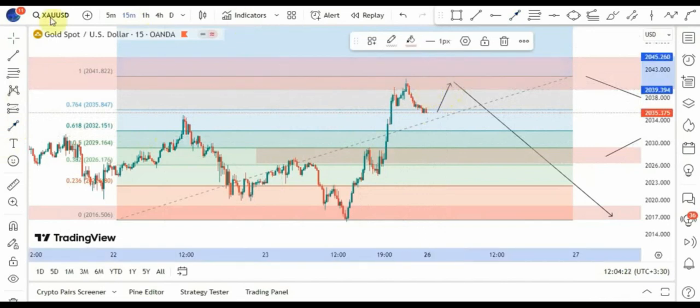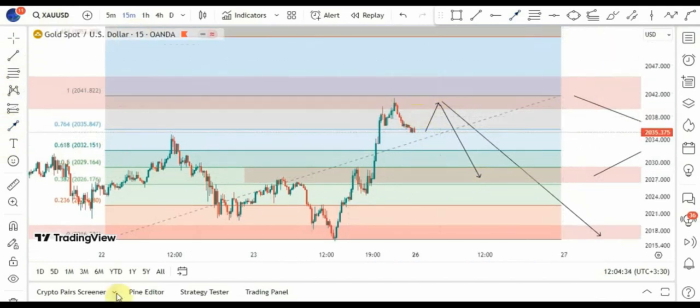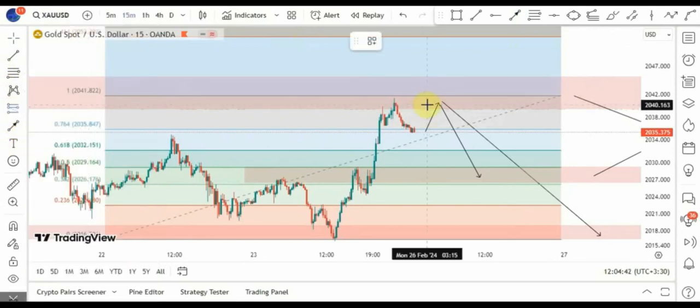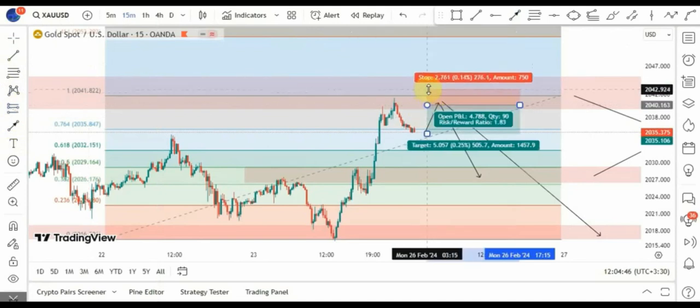Well, this is the best direction for gold, and we can set our sell position right here, a short position around 2040. This will be our stop loss, and our take profit will be here.